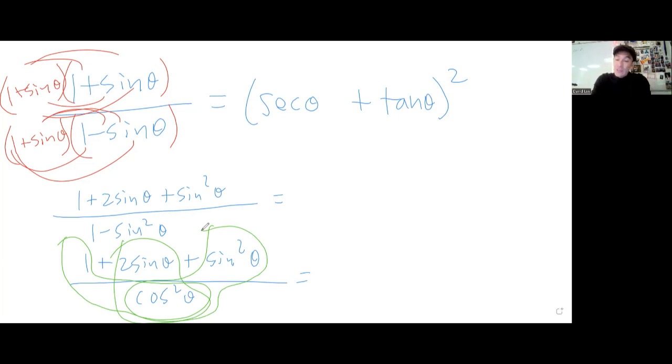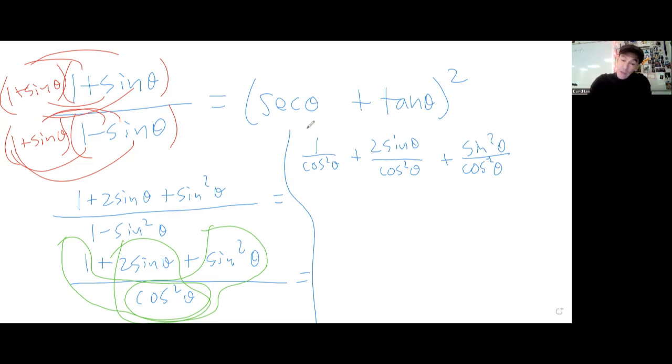Let's rewrite this as 3 separate fractions: 1 over cosine squared plus 2 sine over cosine squared plus sine squared over cosine squared. Everybody gets cosine squared. Now the first term, 1 over cosine squared, is the definition of secant squared. In the back, sine squared over cosine squared is the definition of tangent squared.